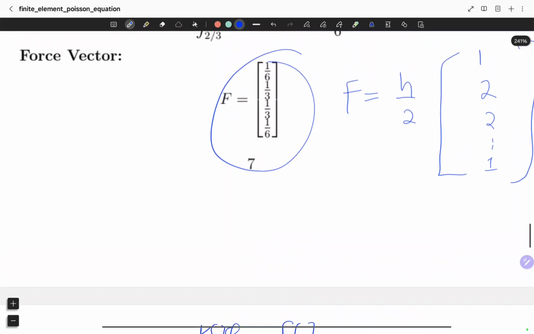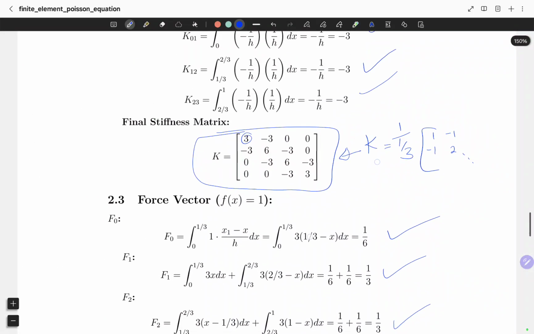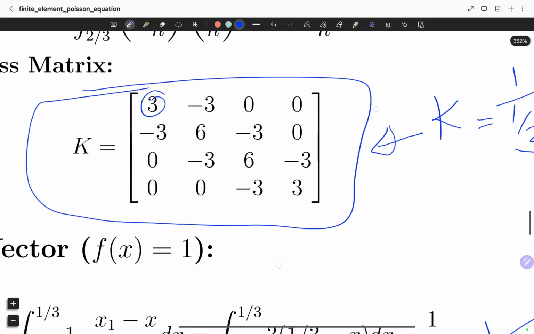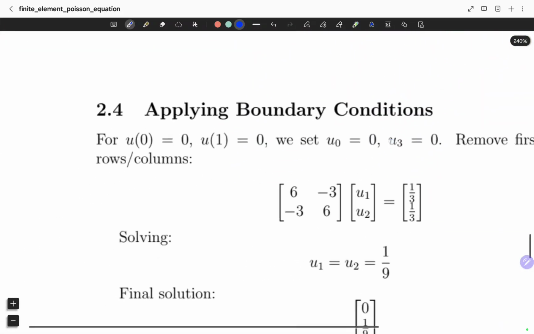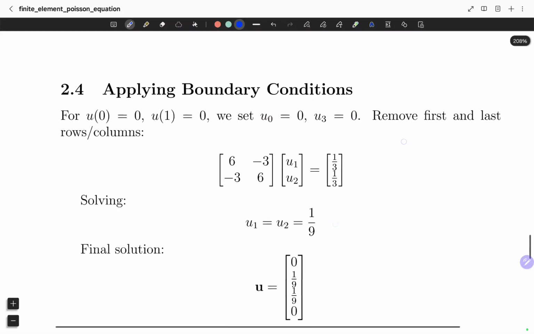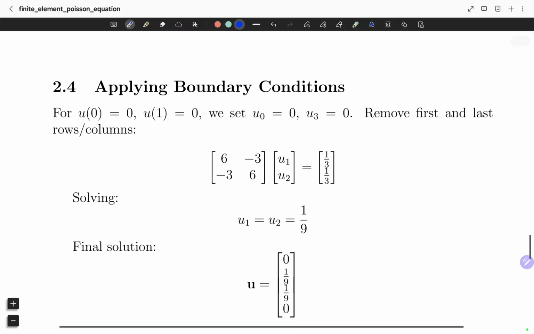The matrix K was looking like this, but because you are multiplying by a matrix that has 0 elements here and here, you're only going to have the ones in the middle. And applying the boundary condition reduces the K matrix to what you see here.